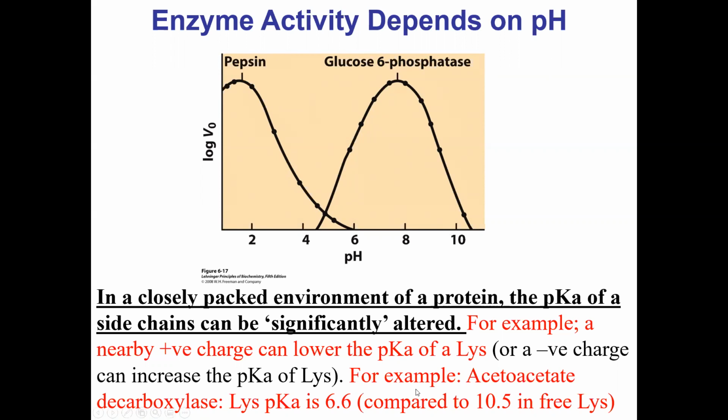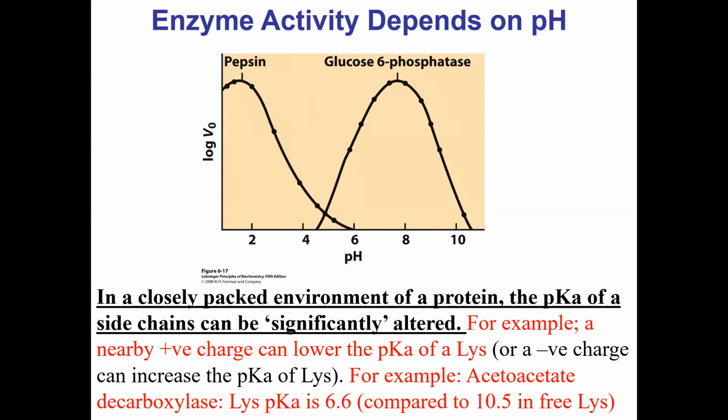Is because it turns out that if you looked into the active site of this enzyme, you will see that there is another lysine nearby. And so if you have two lysines nearby in the active site, one lysine will lower the pK of the other lysine. Why?